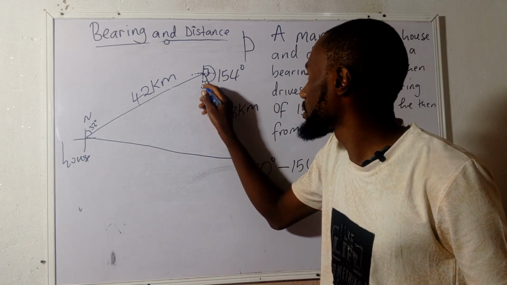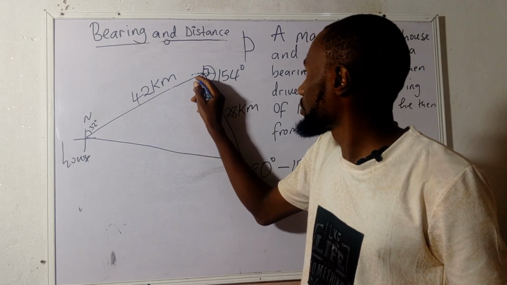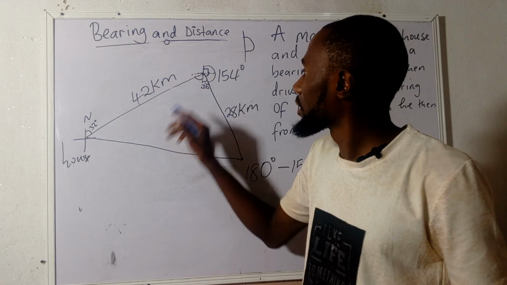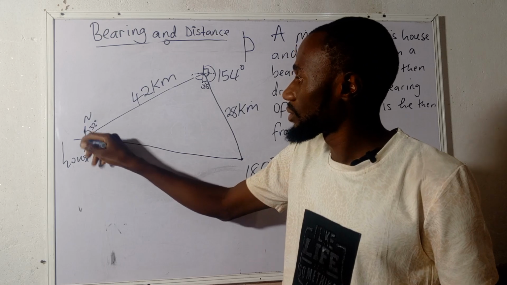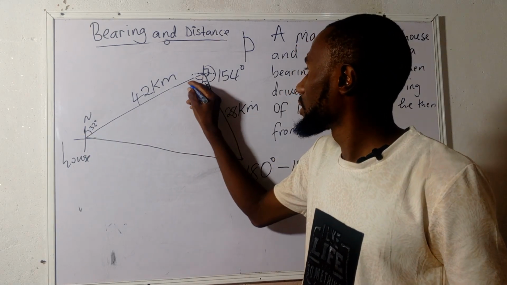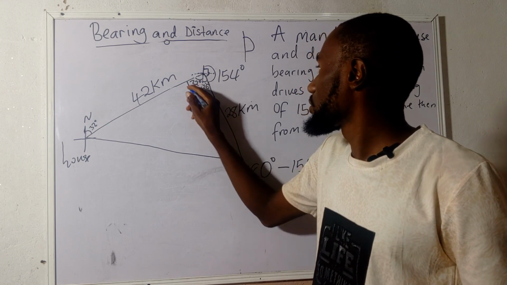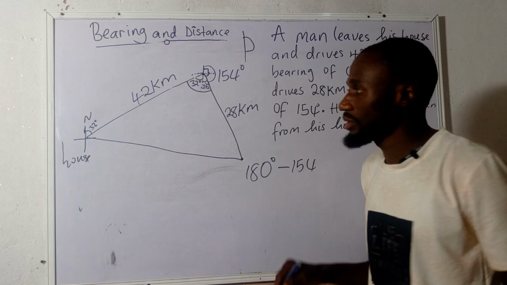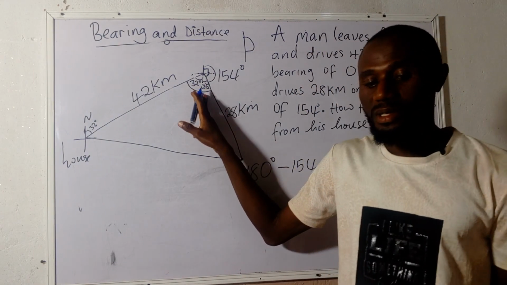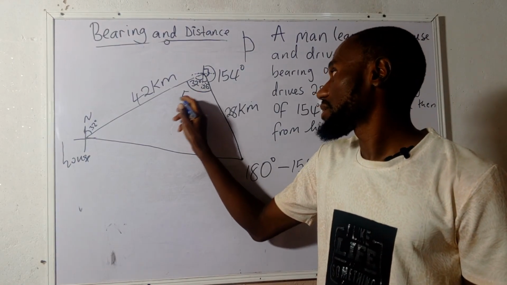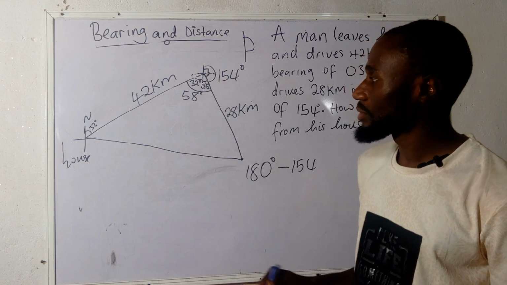This is 26 degrees. Then let's know the remaining angles here. The remaining angle is the alternate angle to 32 degrees. Therefore, this is 32 degrees. Then we're supposed to know the total of these angles. You add 32 plus 26, you get 58. Then 58 degrees is the remaining angle here.